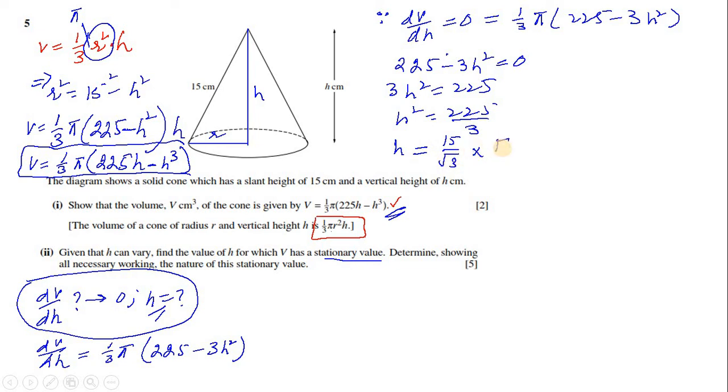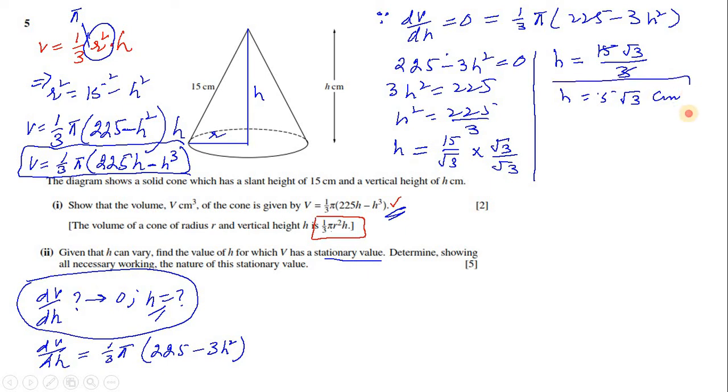Multiply by root 3 divided by root 3. So the final answer of h would be, h is equal to 15 root 3 by 3. So 3 and 5, 15 gone, so h is equal to 5 root 3. It is in centimeters. So this is your value of h.